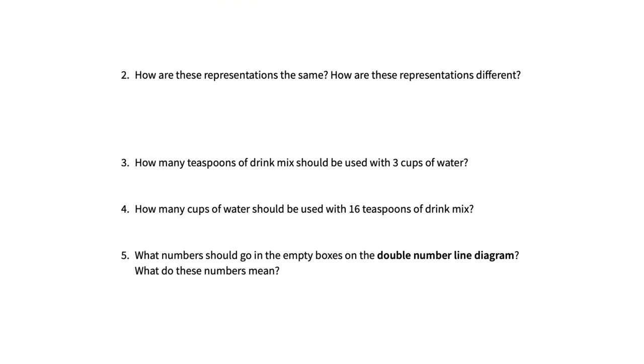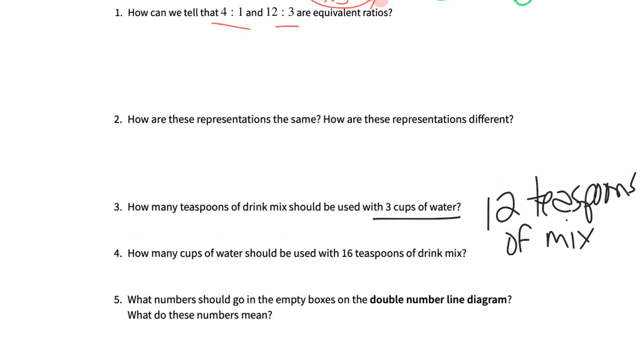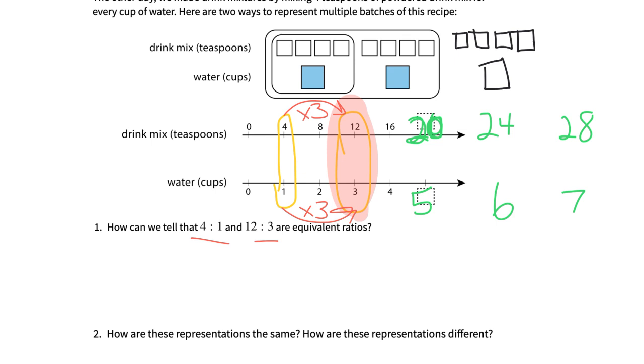So I'm going to scroll down, and so our answer is 3 cups of water would require 12 teaspoons of mix. All right, and then number 4, how many cups of water should be used with 16 teaspoons of drink mix? So that's kind of, we're just going in the opposite direction, really.